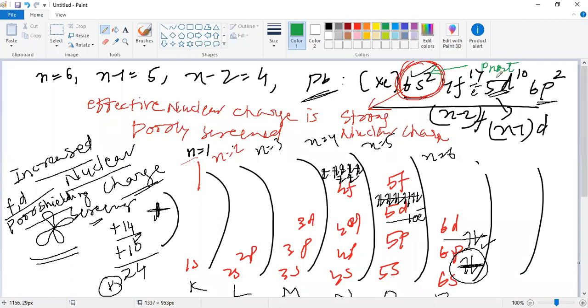They become inert and do not take part in bonding. This effect is known as the inert pair effect, my dear students.